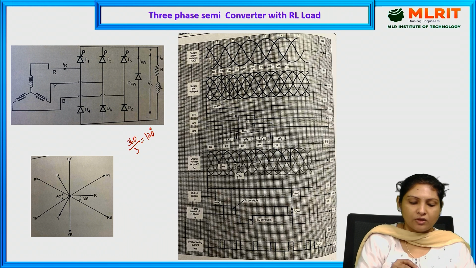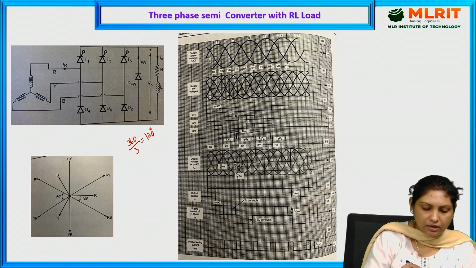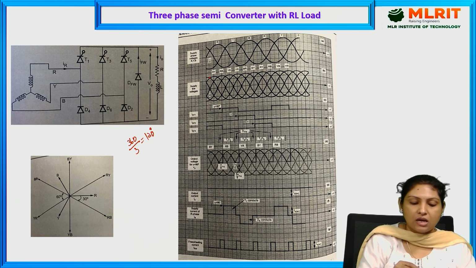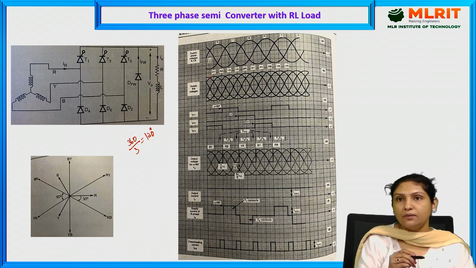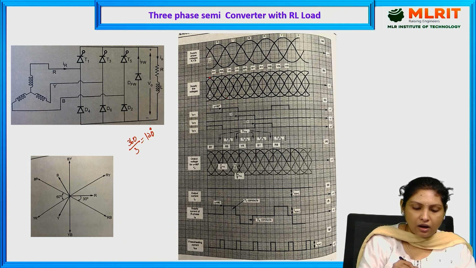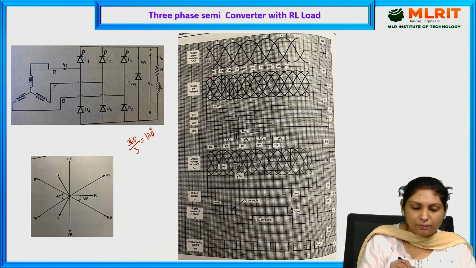And here I am providing the triggering pulse at this instant, called alpha equal to 90. Alpha equal to 90 in the sense that we need to count right from the zero crossing itself, because here the Y phase has also appeared. And if you see at this instant, the zero crossing, R is more positive when compared to the Y phase.